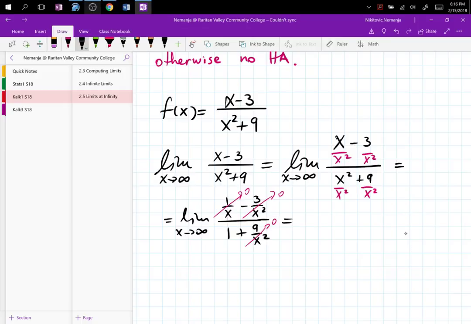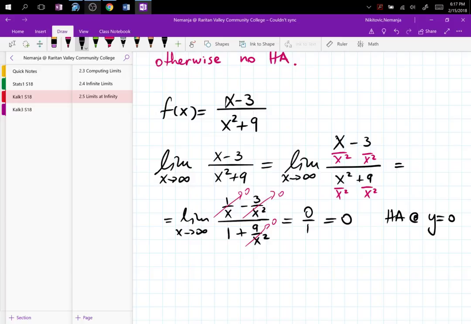So what you have is 0 divided by 1, which is 0. And we know that we have a horizontal asymptote at y equals 0, which is exactly what we expected from your pre-calculus rules, where you memorized that if the higher exponent is in the denominator, your horizontal asymptote is at y equals 0. So it matches.